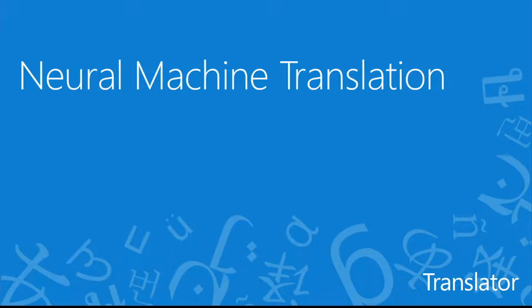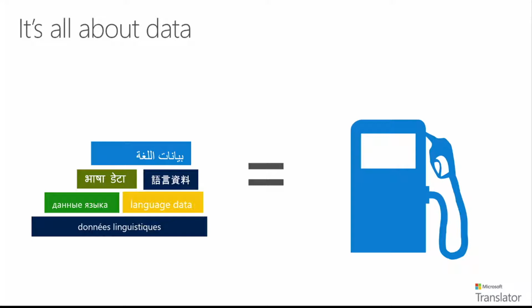A quick word on neural machine translation. Neural machine translation is trained on large amounts of parallel data. Microsoft operates a search engine which provides the majority of that parallel data that the system is trained on, but Microsoft also licenses training material from providers and data sharing consortia.